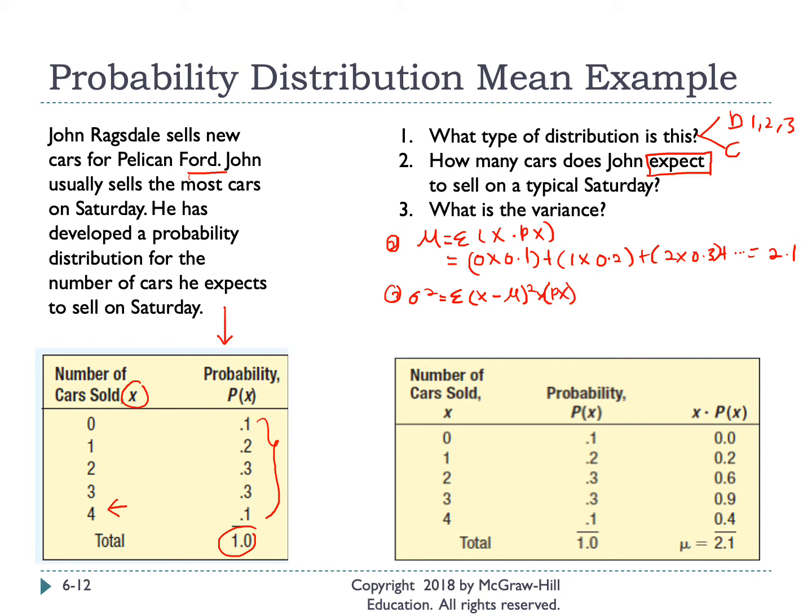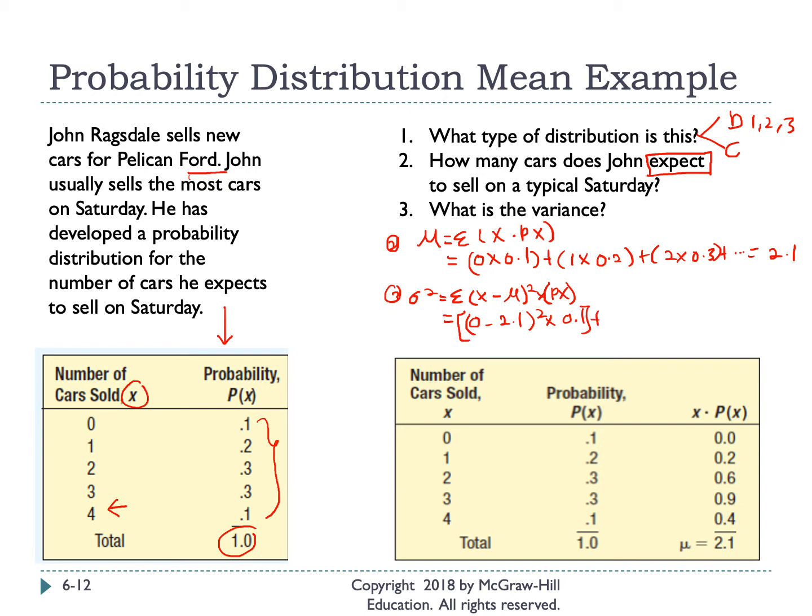Okay, so how to compute it? So what is your x? 0 minus 2.1 and then you square it, multiplied by the probability of the first x, which is 0.1. So put it as your first bracket. Okay, plus the second x.